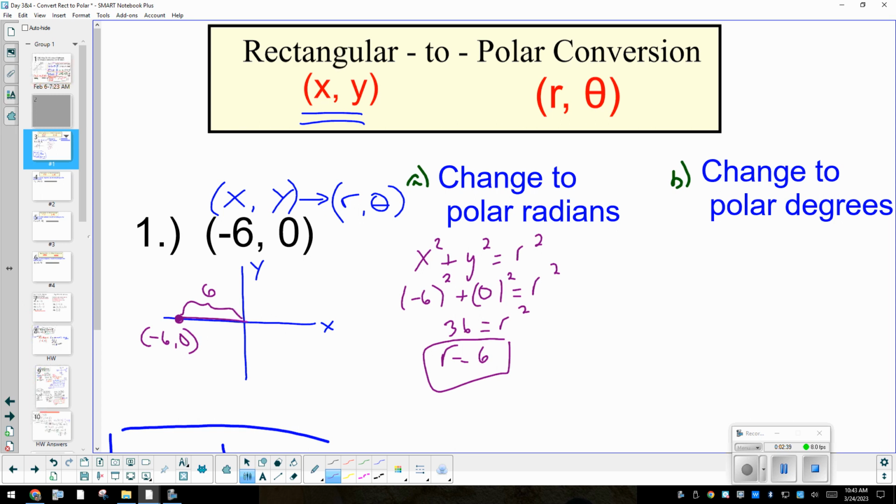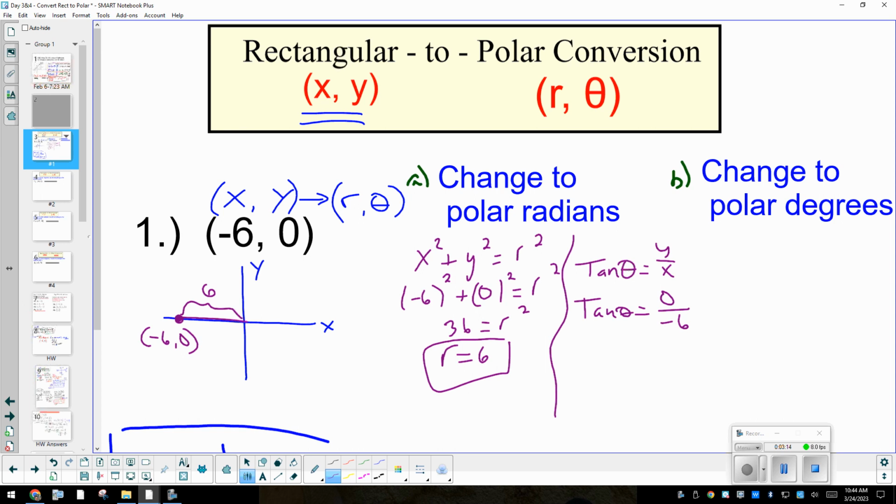Okay? All right, so next up, I'm going to clean this up, is your angle. This is, believe it or not, the harder thing that you've got to be careful about. If we set up tangent, tangent is y divided by x. So tan theta is y divided by x. Let's say you wanted to use the formula: tan theta equals 0 divided by negative 6.